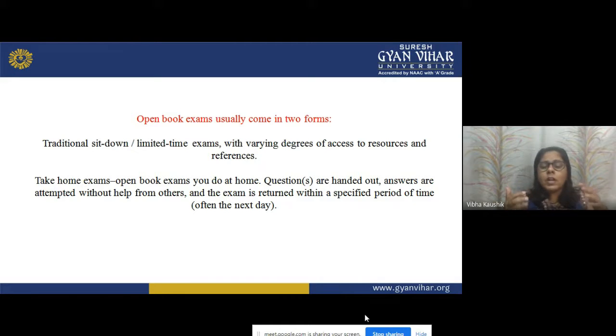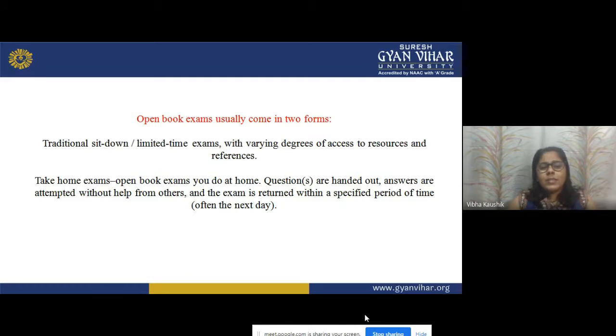The first form is the traditional sit-down, means you go in the examination hall and you sit there, you have a limited time period, that duration, in which you have to complete your paper, with varying degree of access to resources and references. You are given a varying degree of access, that you can use these references, resources and textbooks to this much level only.